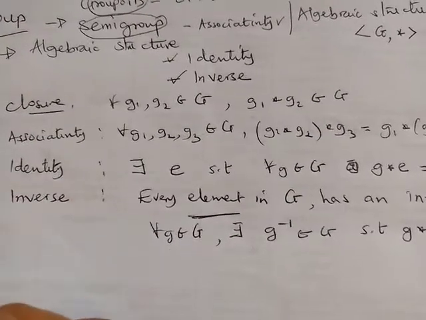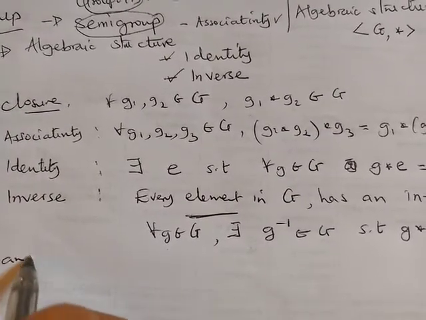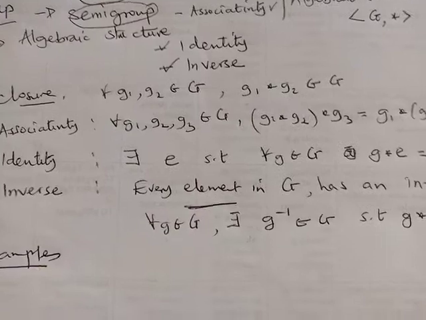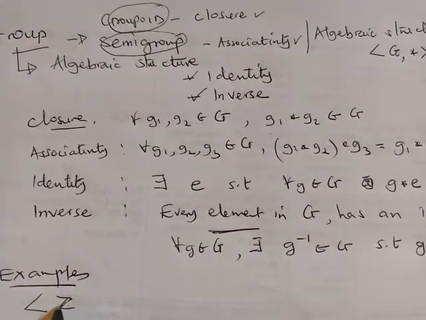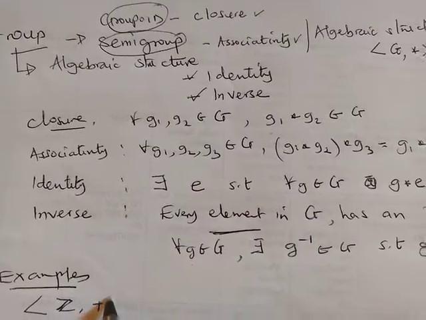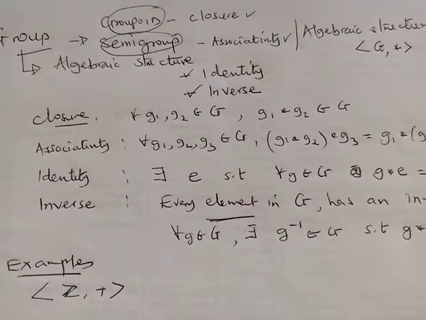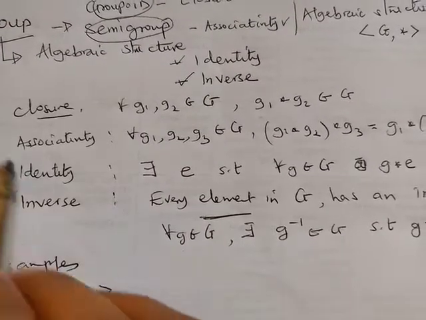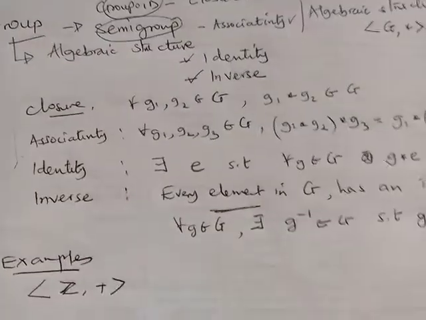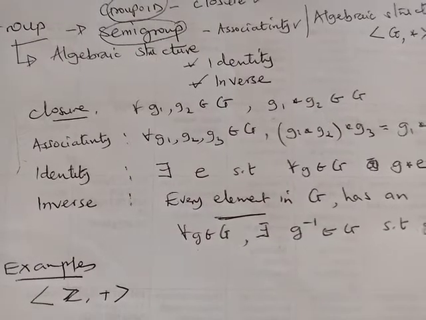Let us look at some examples of groups that we know in our field. We have the group of integers with the binary operation addition. If you test these axioms, you see that they hold.